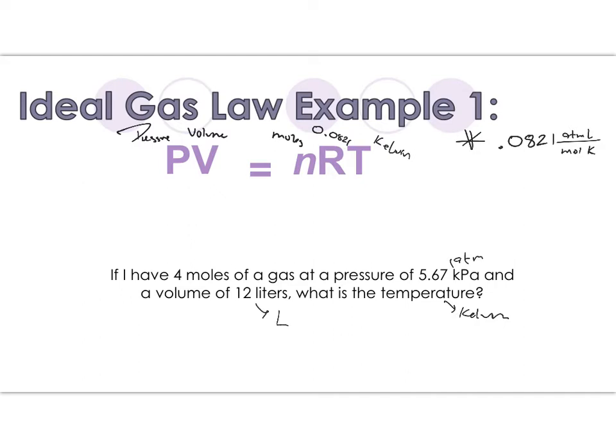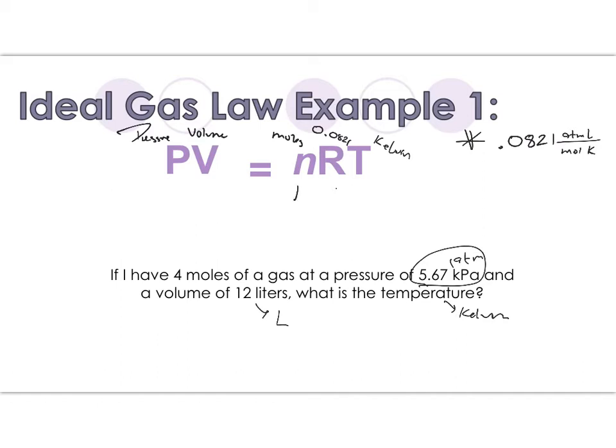Every time you plug information into the formula, you have to have proper units. So if anything is not in atm, you want to convert that. If your volume is not in liters, you want to convert that, and you always want your temperature to be in Kelvin. Once you understand that, you can plug things into the formula.